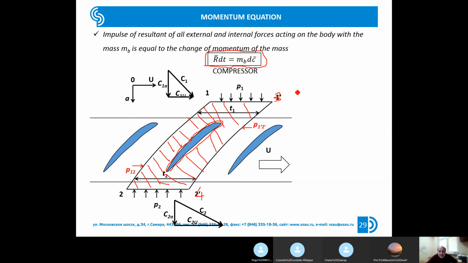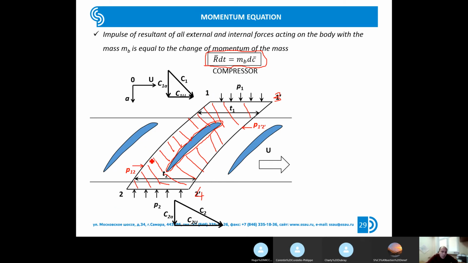First of all, at the inlet of the volume, we have pressure P1. We know it because we know everything about the inlet section. At the outlet section, we have pressure P2, and we know this pressure too.